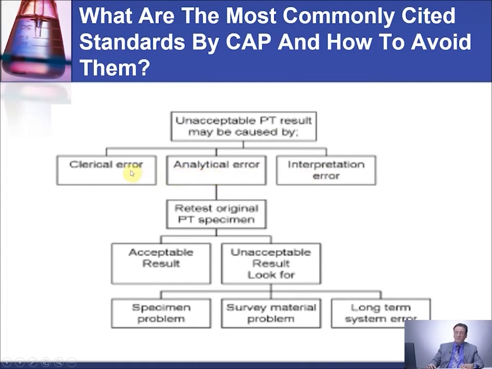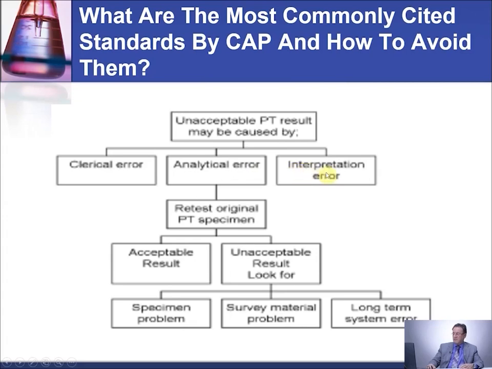If it's a clerical error, that's an easy fix. Have 2 people enter the result to avoid the clerical error. Like I told you before, 51% or more of unacceptable PTs are due to clerical errors.